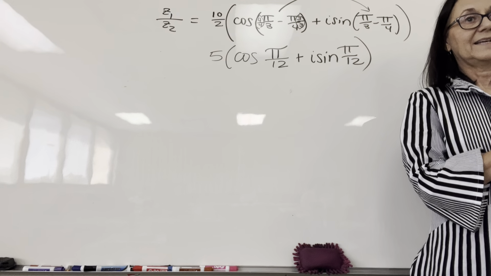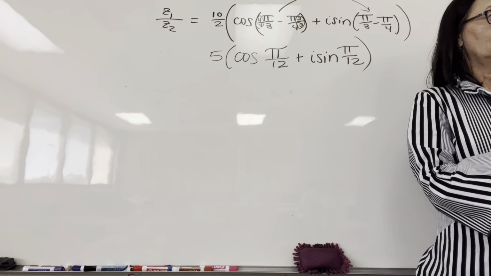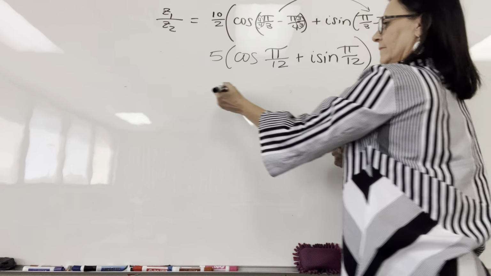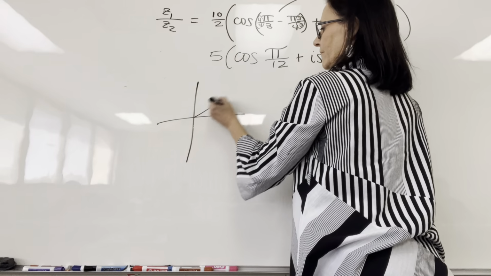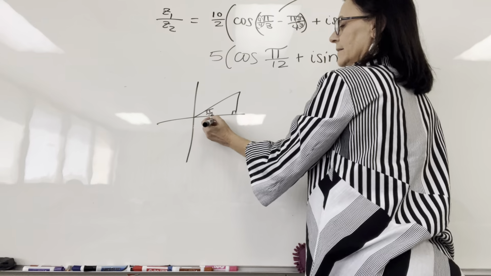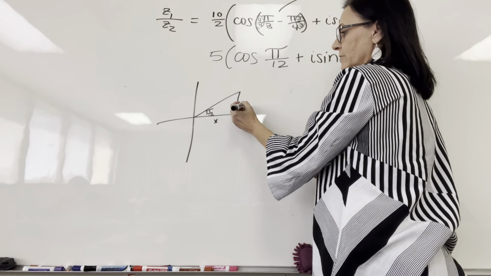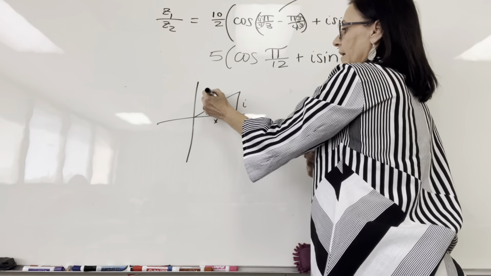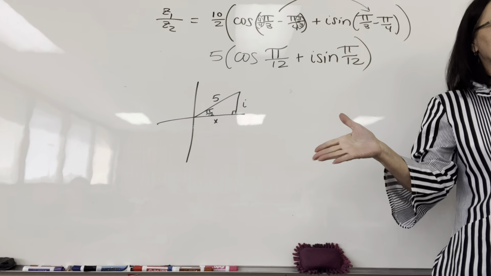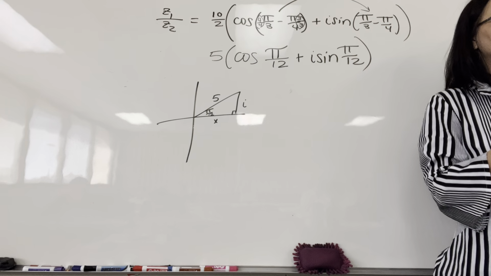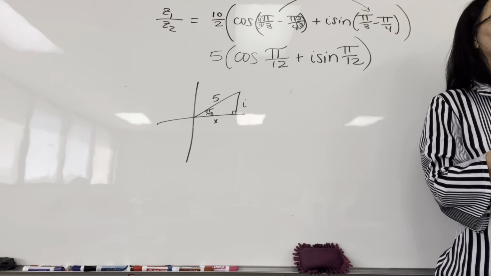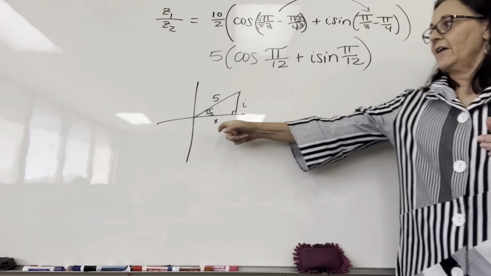So now let's put this in complex form. What quadrant is pi over 12 in? So this is pi over 12. This would be my x value. This would be my I value. Here's 5. We're in radians. So how would I solve for my x value?